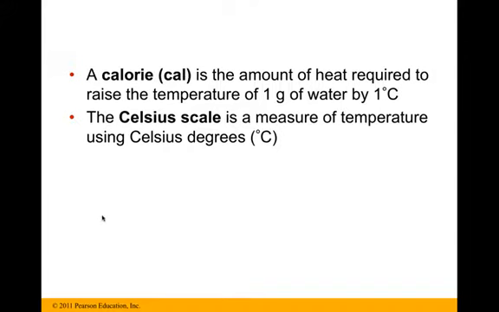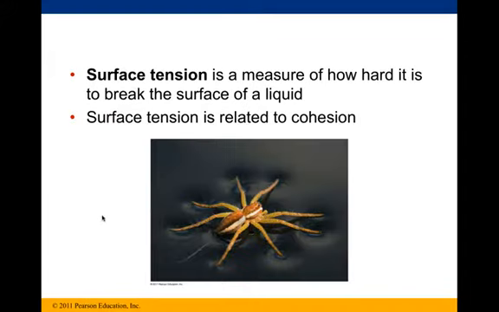So remember Celsius. Surface tension. What is surface tension? You might have always seen that the top layer of water looks like a glossy film, right? And it is because of the hydrogen bonds between all the water molecules on the top layer, as well as hydrogen bonds between the water molecules on the top with the water molecules under the top layer.